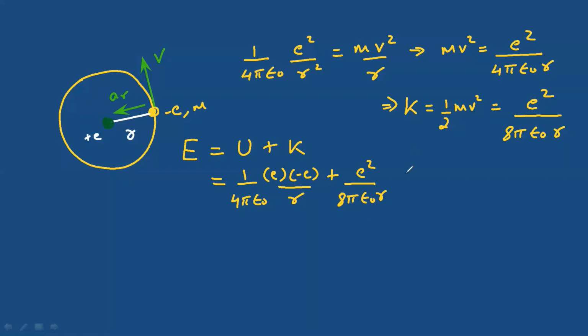And this comes out to be equal to minus E squared by 8 pi epsilon naught R, which is equal to minus K. So here's an important relation, that total energy is negative of kinetic energy, right?